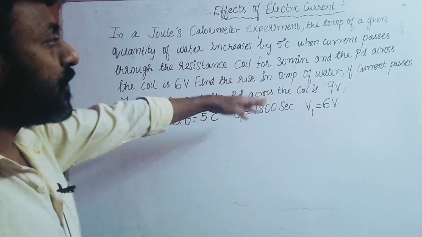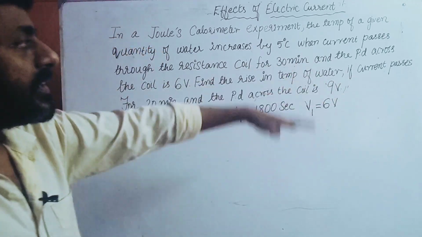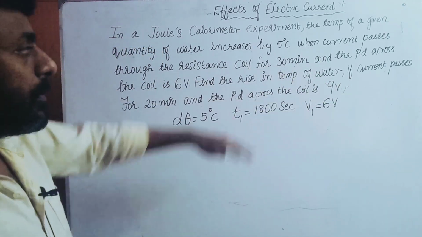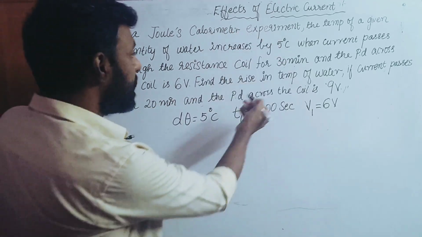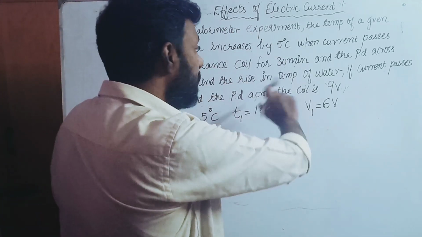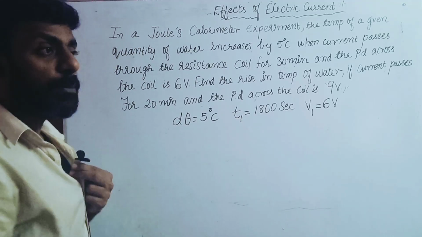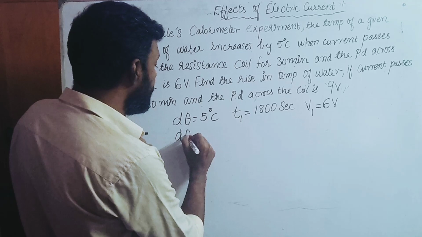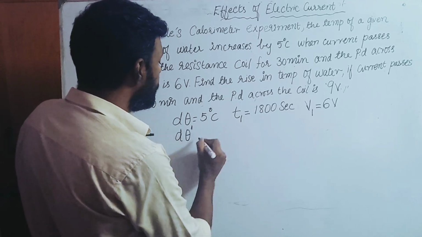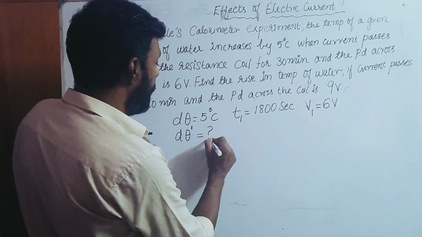Now we need to find the second set of values. We need to extract the data for the second set of the experiment conducted using the Joule calorimeter apparatus. Now they are asking us to find the rise in temperature of water, which we denote as d theta dash. D theta dash is what we need to find.